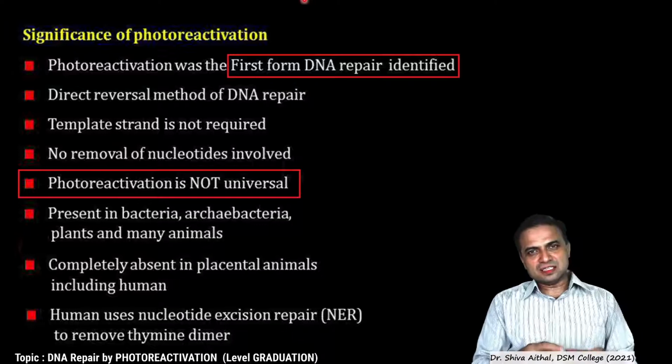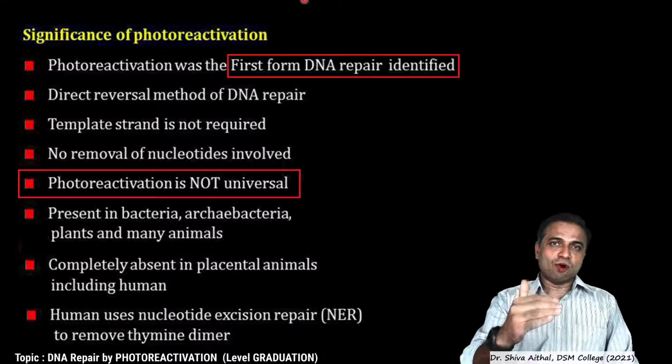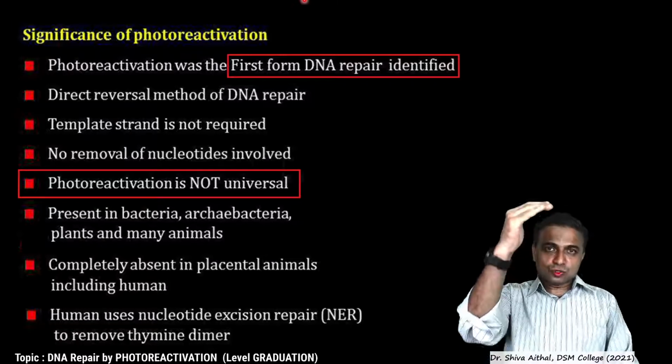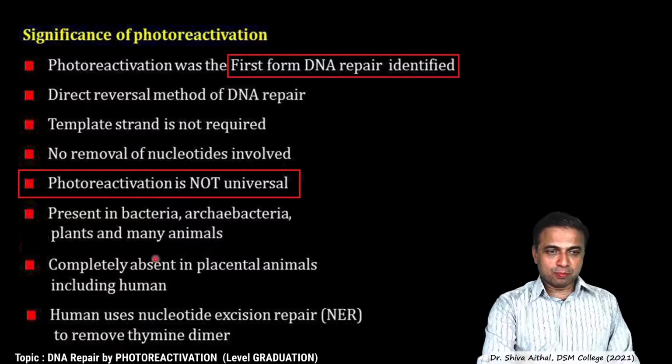Wherever there is an embryo, mammals, it is not present. Placental animals don't show this, because remember, once the ozone layer formed, there was no ultraviolet light coming onto this earth.